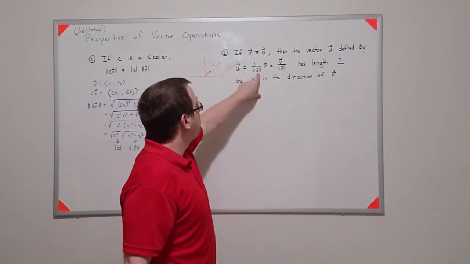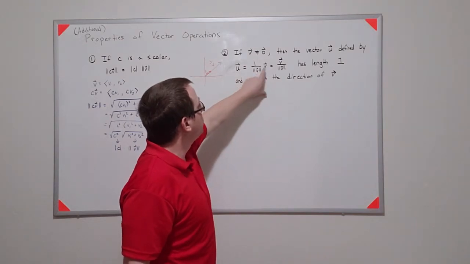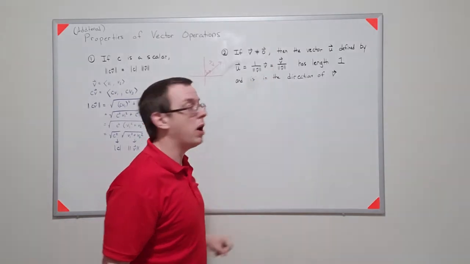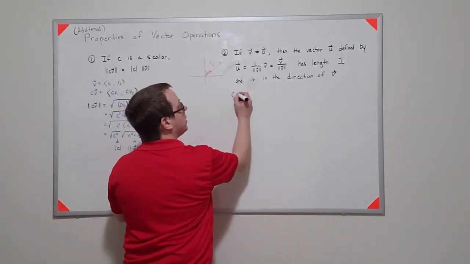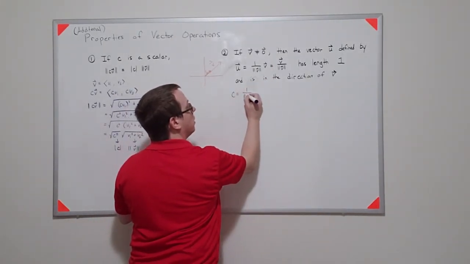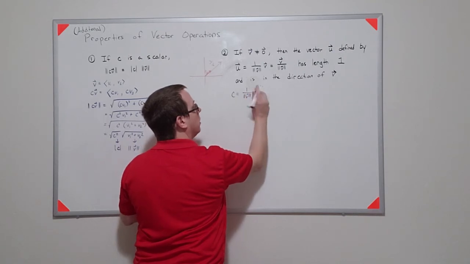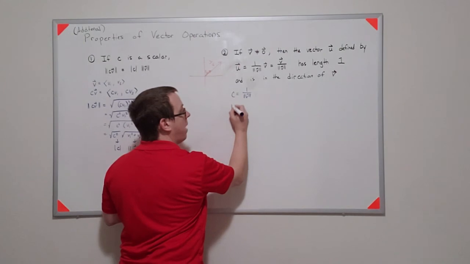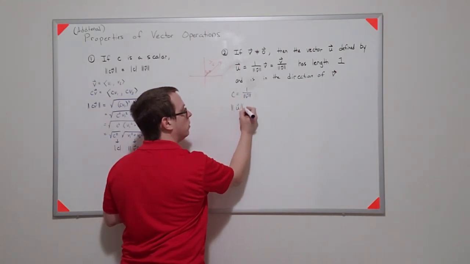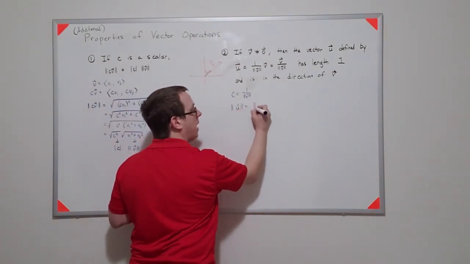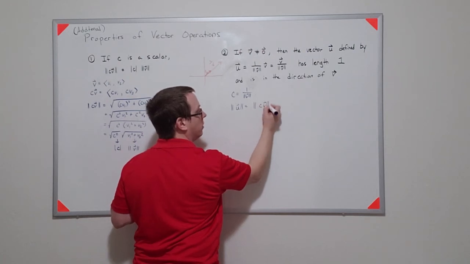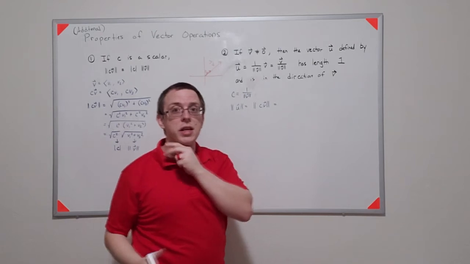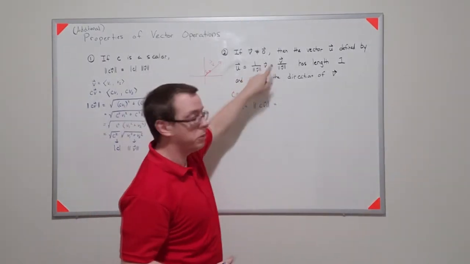But anyway, this is some scalar times some vector, and in this case, C is that scalar. So then the magnitude of u is the magnitude of CV, where that's the C, because C times V.